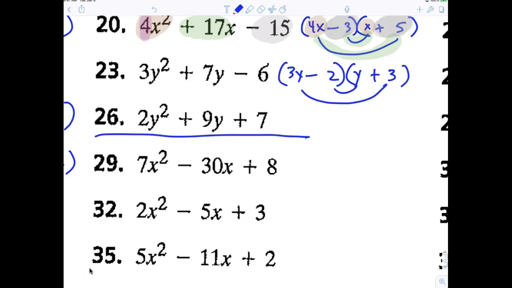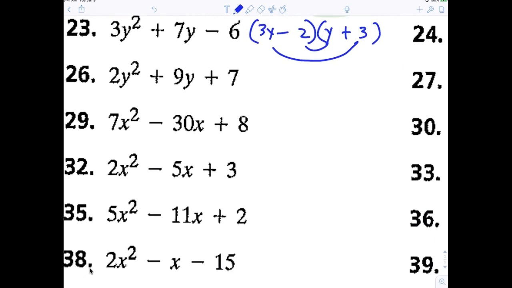Very important. All right, Will, let's see if you're paying attention. Where does the 7 have to go? Very good, buddy.